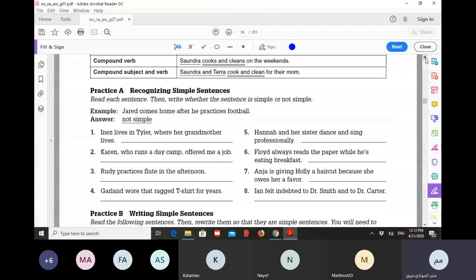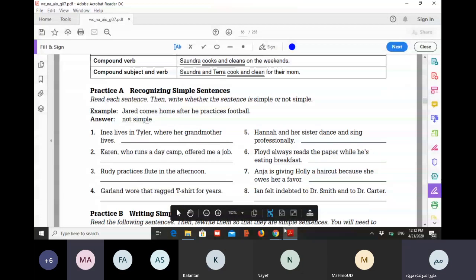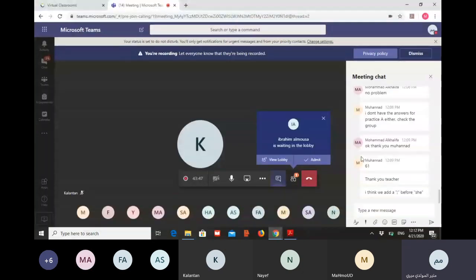It does not have any part that gives us extra information that we can omit from the sentence. So after you read it, you're going to determine whether it is simple or not simple. You don't need to mention what exactly it is, just say that it is not simple.